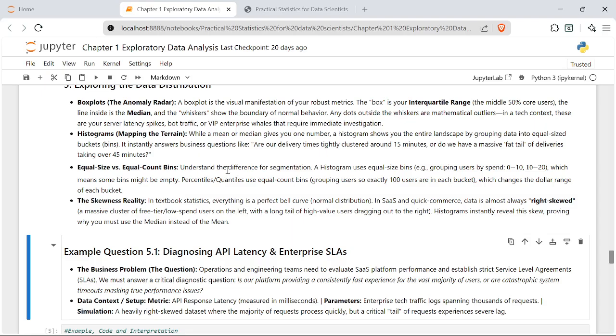Or do we have a massive fat tail of deliveries taking over 45 minutes? Equal size versus equal count bins. Understand the difference of segmentation. A histogram uses equal size bins.